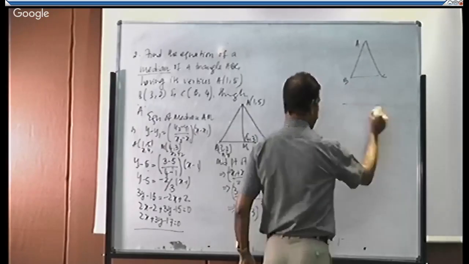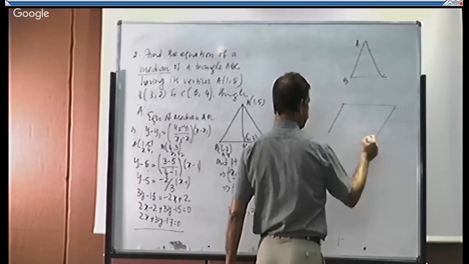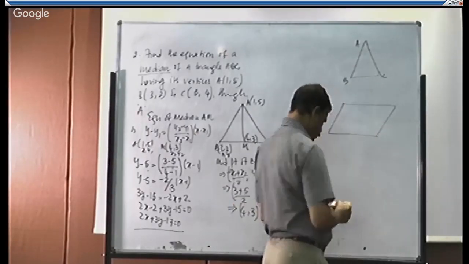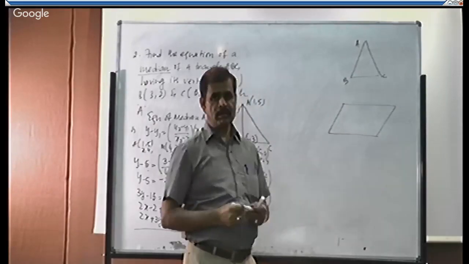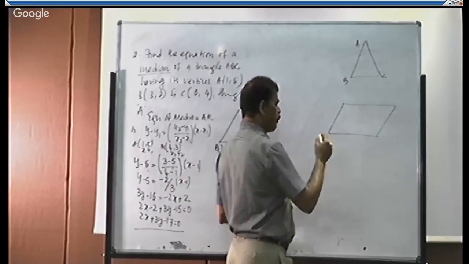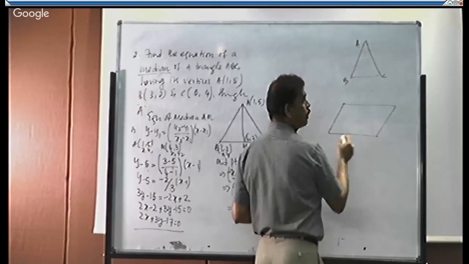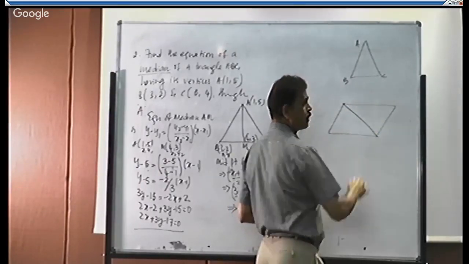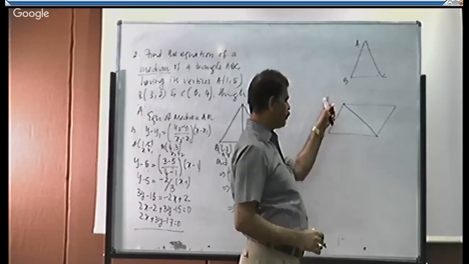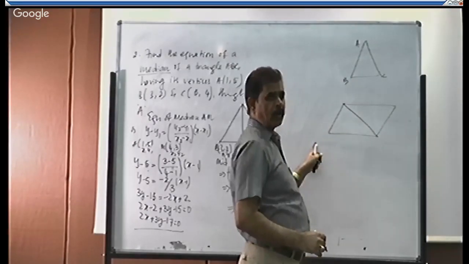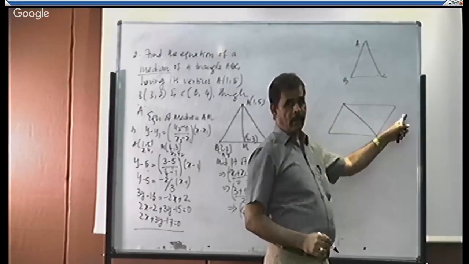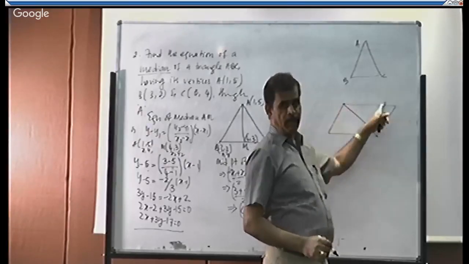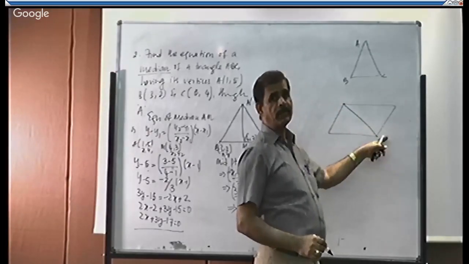Sometimes in 4-sided diagrams, it may be a parallelogram or rectangle or rhombus or square, and all 4 points will be given. They may ask you the equation of diagonal AC or diagonal BD or side AB or side BC.